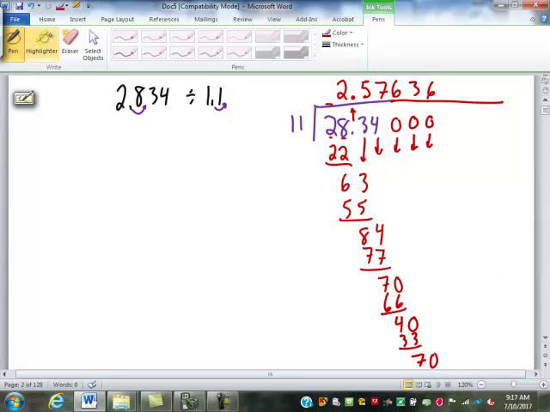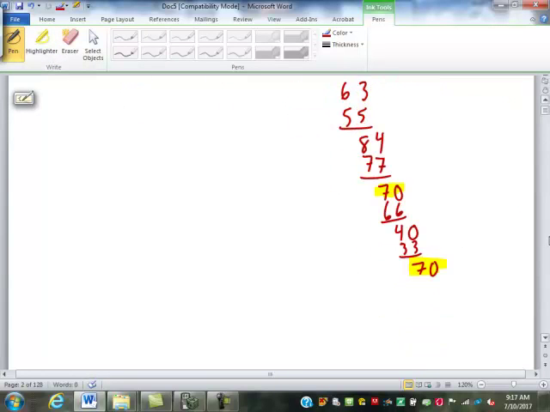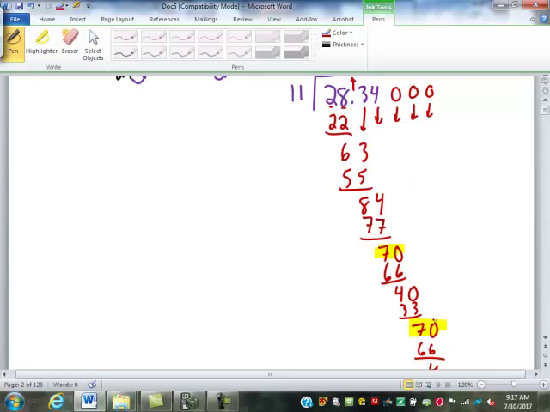6 times. Now at this point, this is probably about the earliest I could see this, but I see this developing. This is a 70. This is a 70, right? I'm going to get the same result. Every time 70 is divided by 11, I'm going to get the same result. So I got 6, 3. If I keep going here, 6 times 11 is 66. I'm left with a 4.